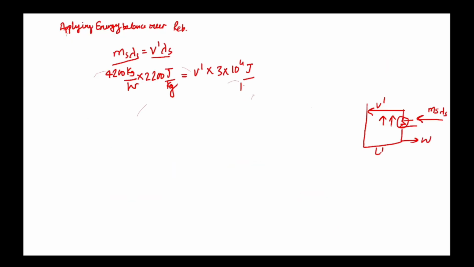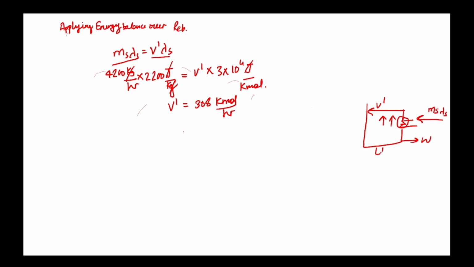Kilomole or kg mole, both are same. So kg and kg will cancel out, joule and joule will cancel out, and V dash will be equal to 308 kilomole per hour.